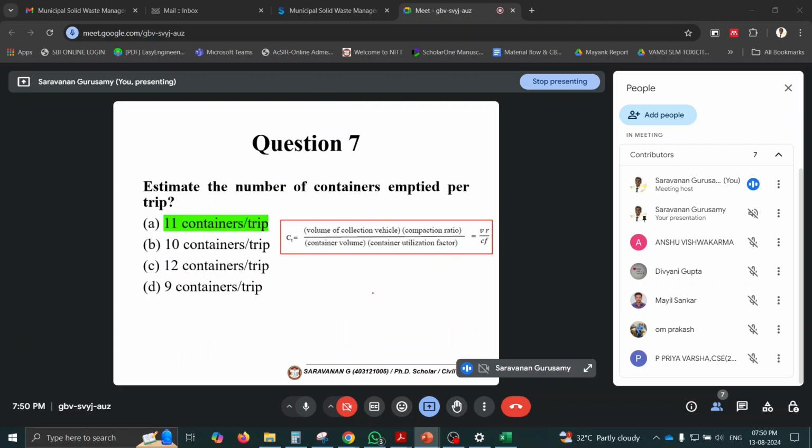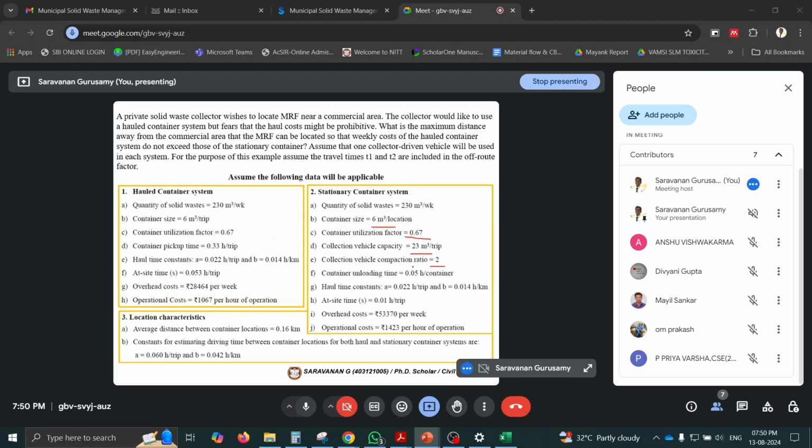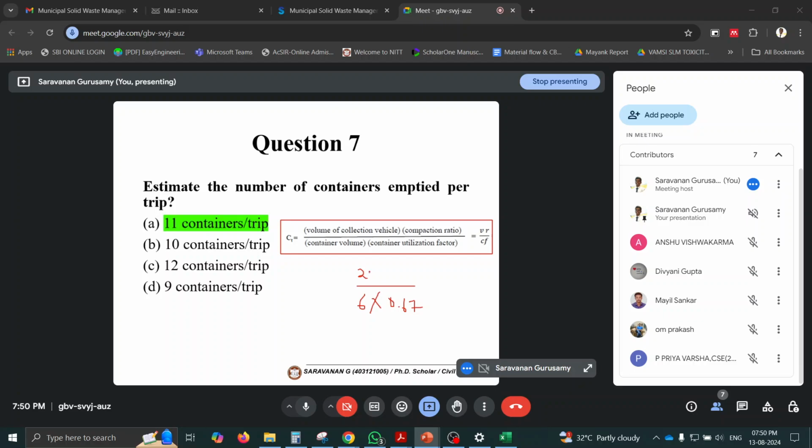So we can easily find the number of containers. Is it coming 11?